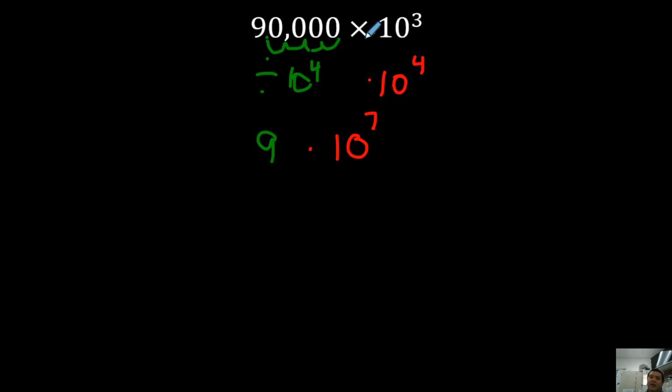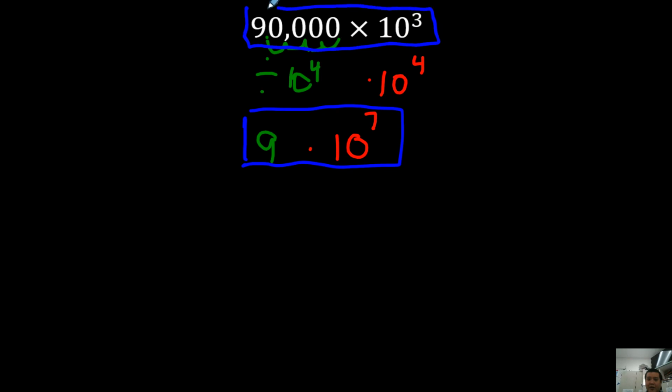Okay, and then as a result, this right here is going to have the same value as this number up here, because all we did was divide by 10 to the 4th, and then multiply by 10 to the 4th, so those cancel each other out. But now it just looks different, but has the same value. Okay.